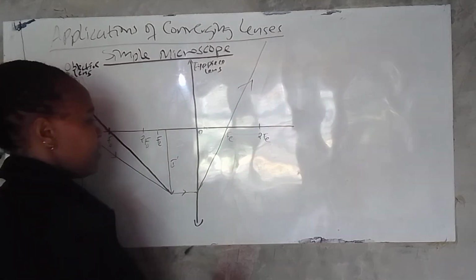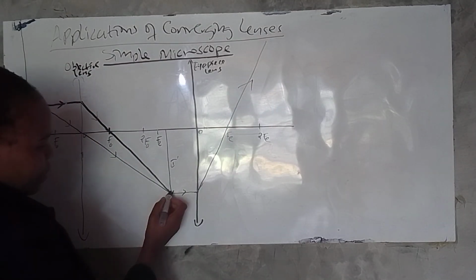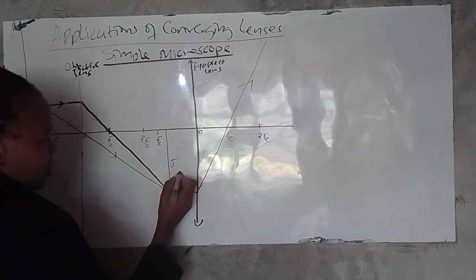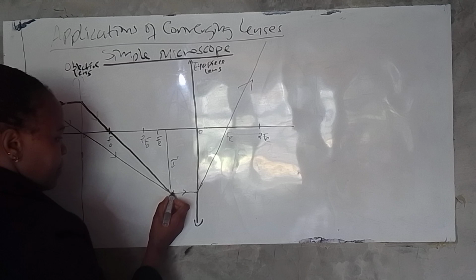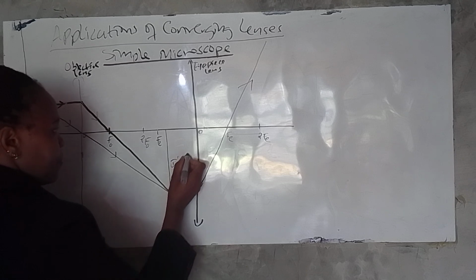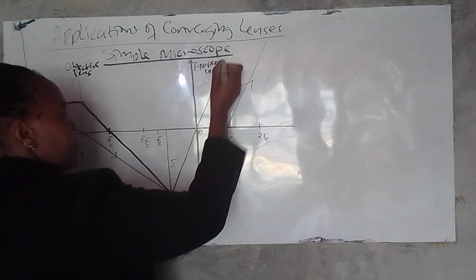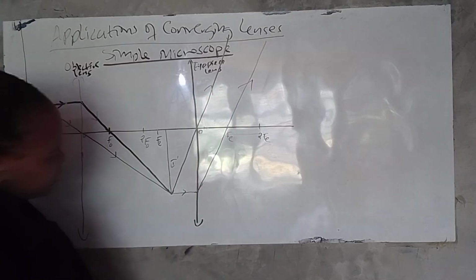So that's our first ray. The second ray is the ray that is refracted through the optical center, and that should go undeviated. Okay, something like that.